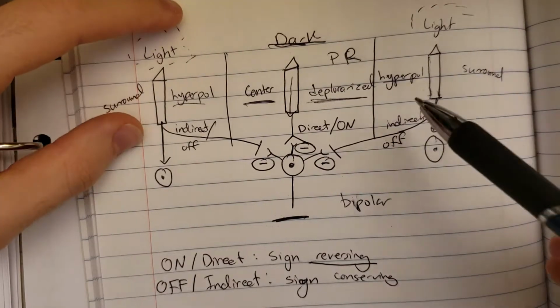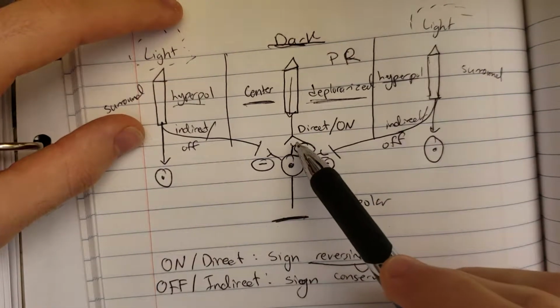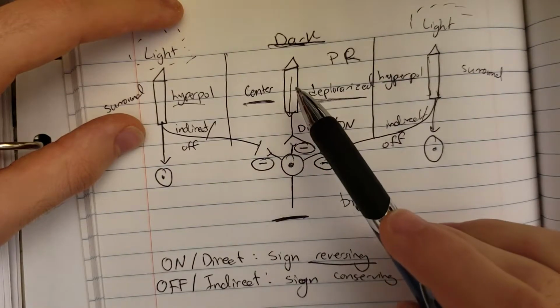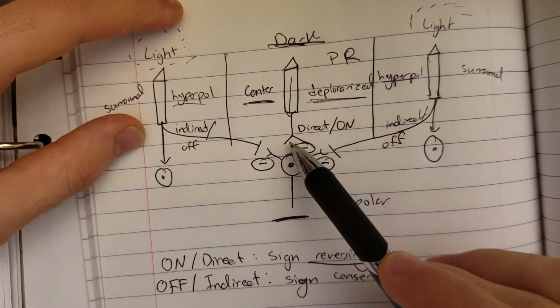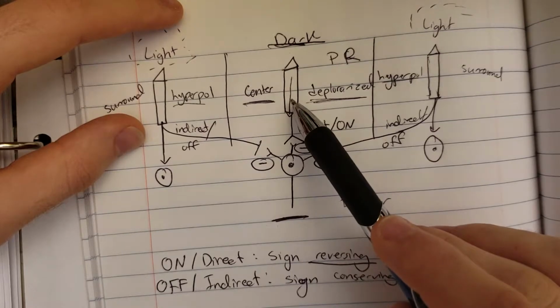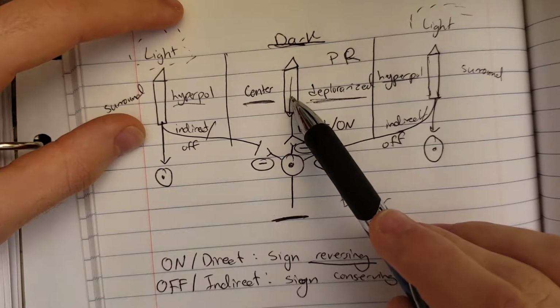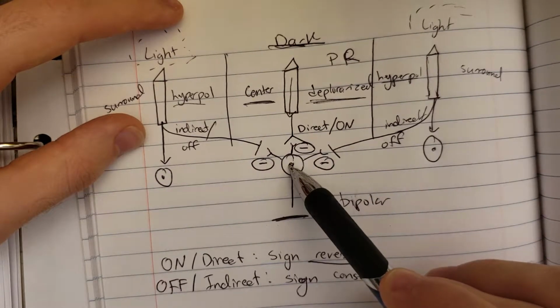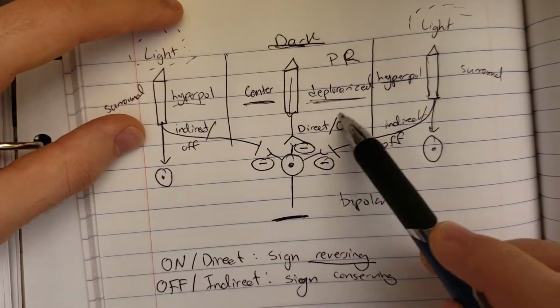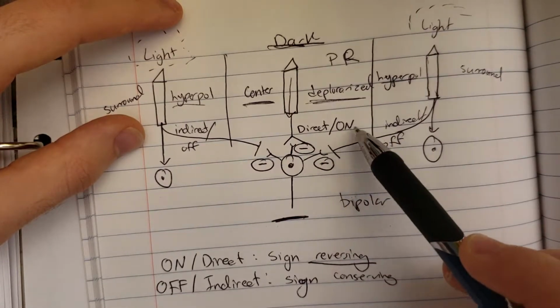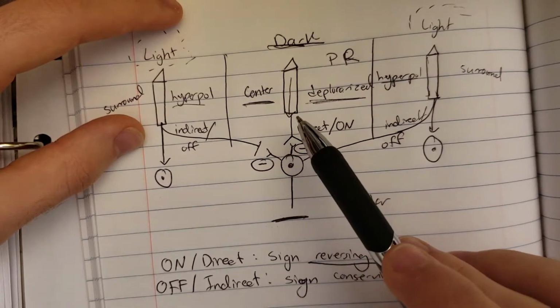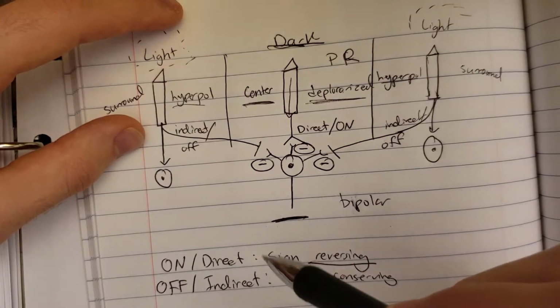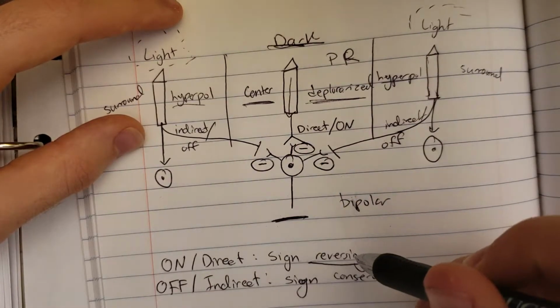So this is called the direct pathway, and the relationship between the pathway is called direct. The relationship between the photoreceptor and the bipolar cell here is on. It's an on bipolar cell because this is a direct pathway, which means that if it's on, it's sign reversing.